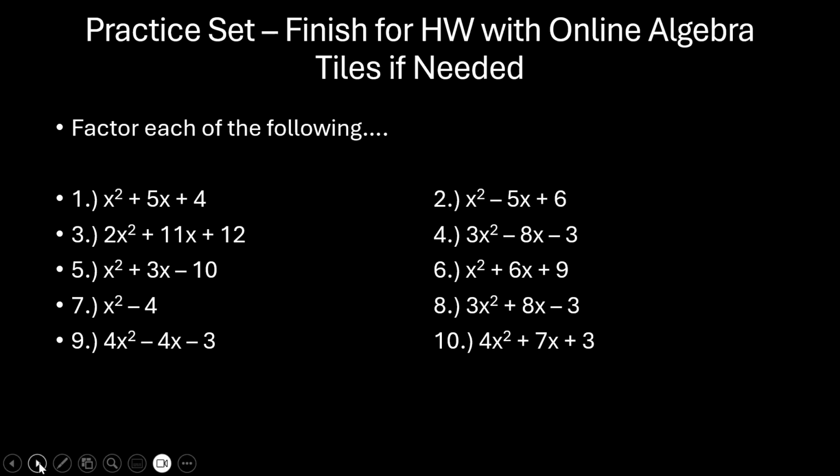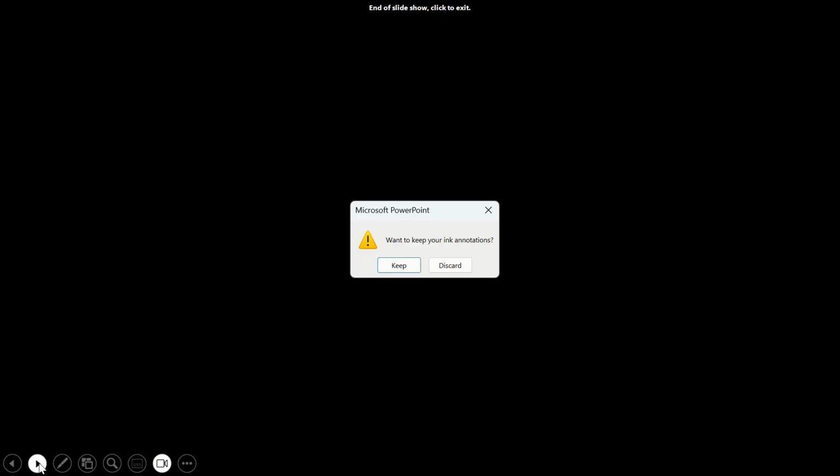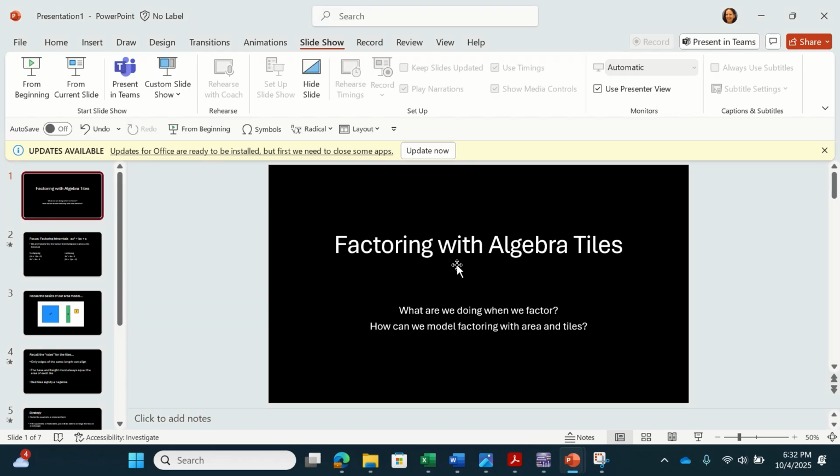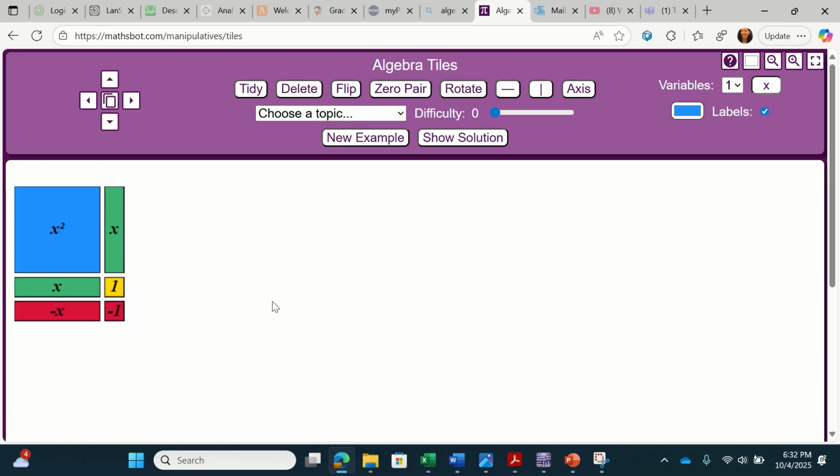And it's not going to let me escape, so I'm going to have to go through that. We are going to discard that, and we'll click over here to our algebra tiles model. So the first one we were going to do is x squared plus 6x plus 8.